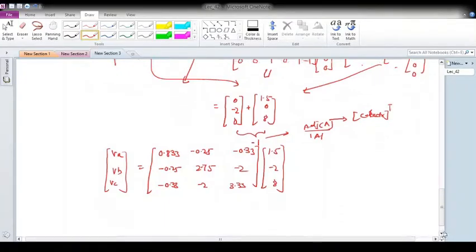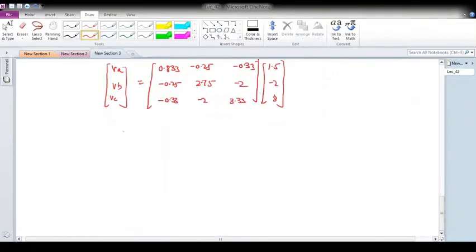Okay, so let me write its inverse also so that you can check it with your calculators.